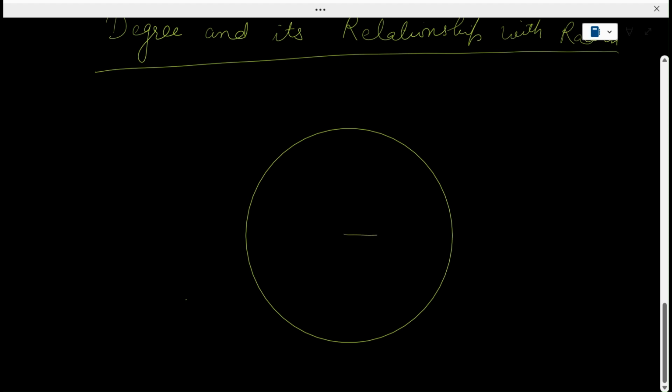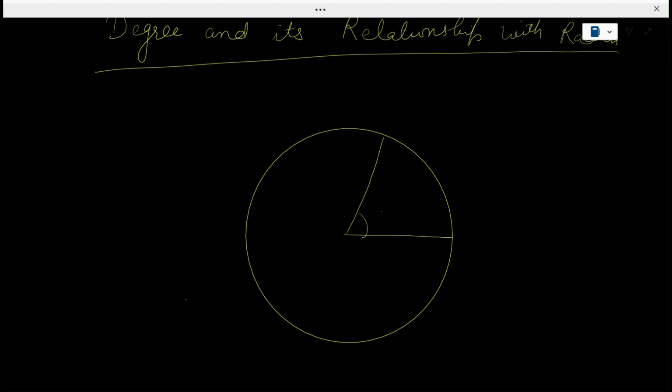Let us take a reference line or baseline on which we subtend an angle theta.